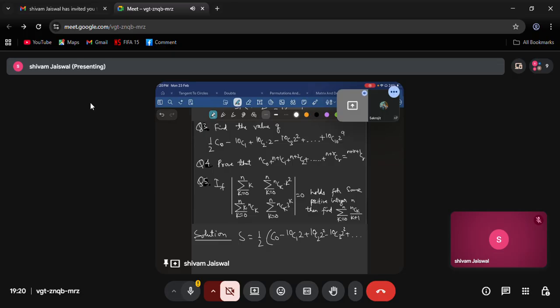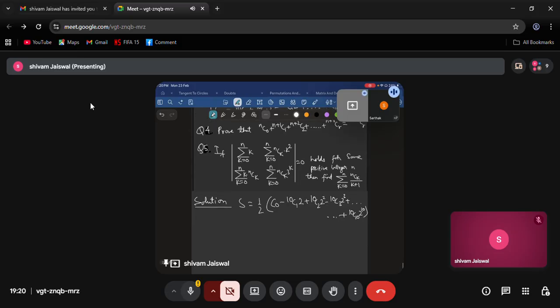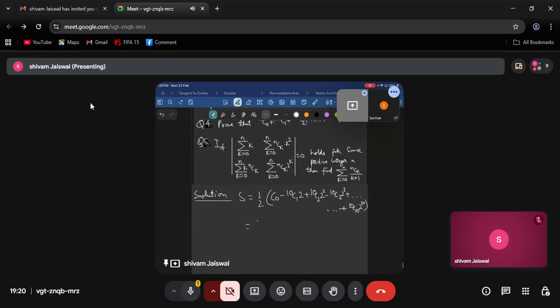It is the expansion of 1 minus x to the power n. Exactly. This is the expansion of (1 minus 2) whole to the power 10. Right? This will be equal to half. Done.